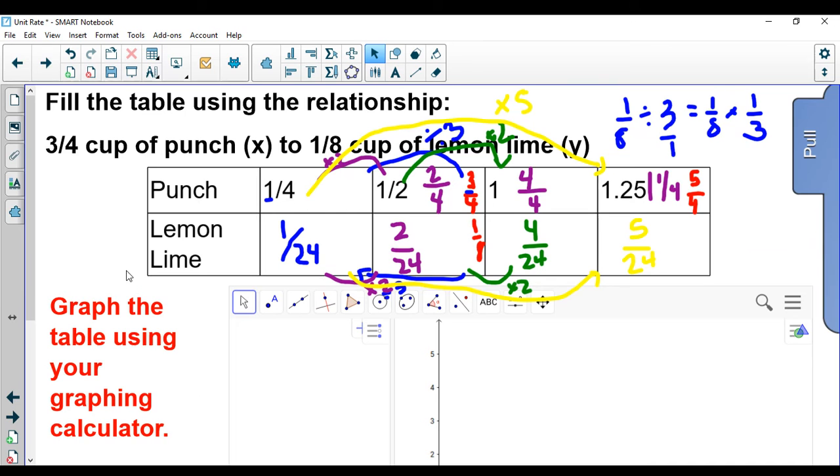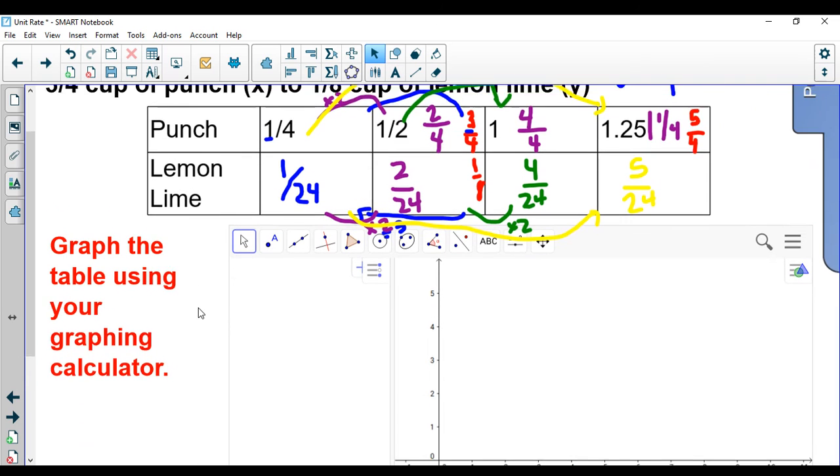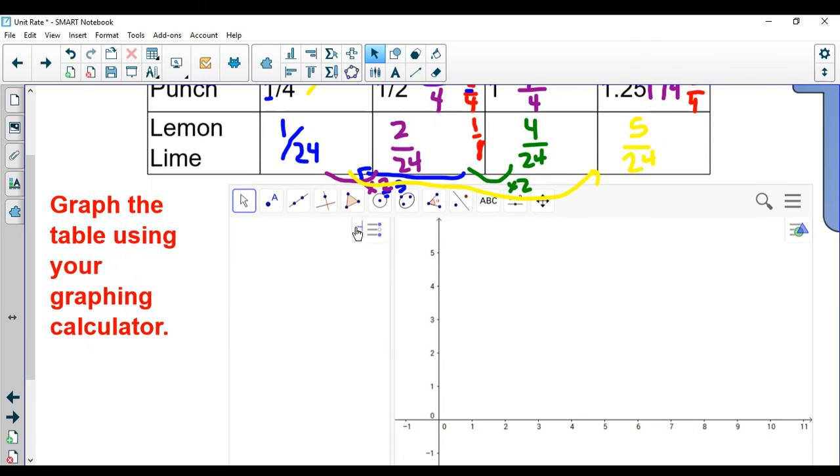And now we are going to graph this using our graphing calculators. In Canvas, under resources, you have a link to the Desmos graphing calculator where you can complete a lot of these problems that we are going to be doing. So I'm going to click here.